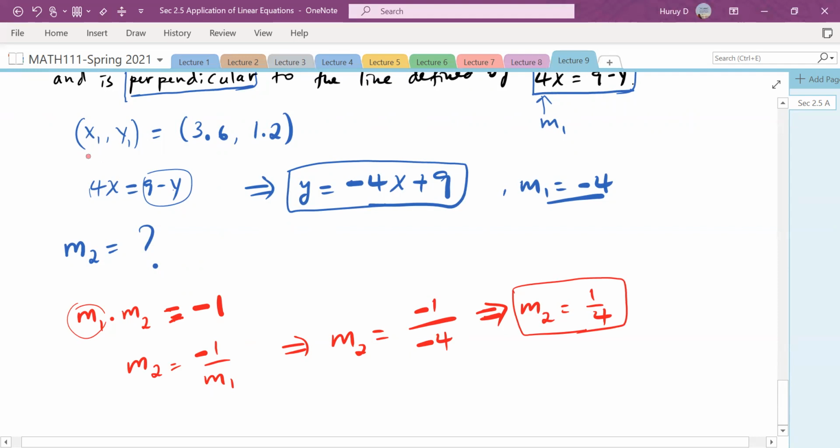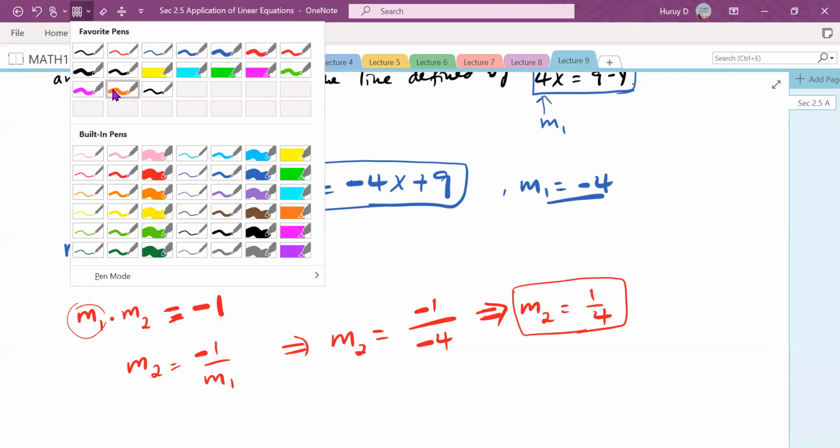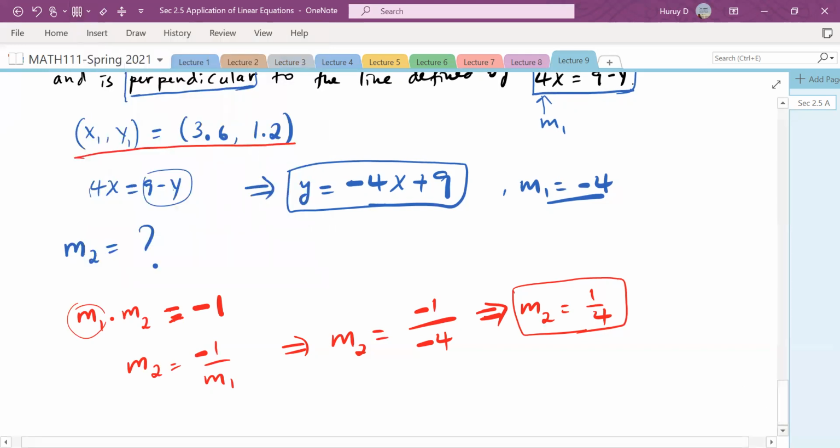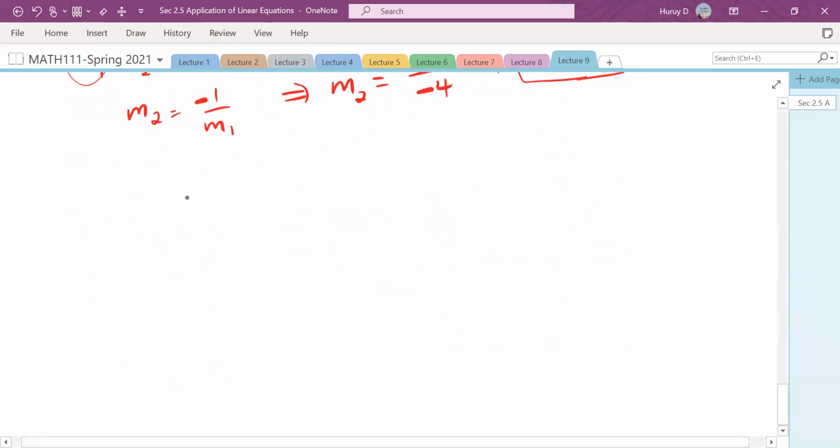Now we have a point and we have the slope. So the next question is, what is the equation of the line? Again, I will use the point-slope form. So we have y minus y1 equals m times x minus x1.